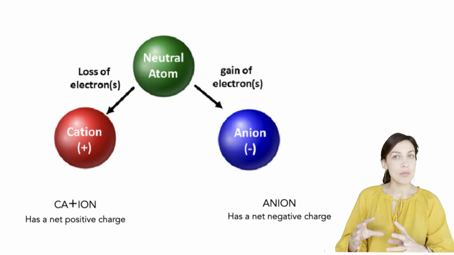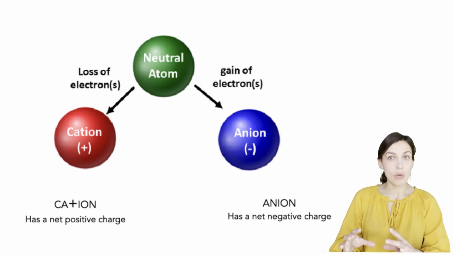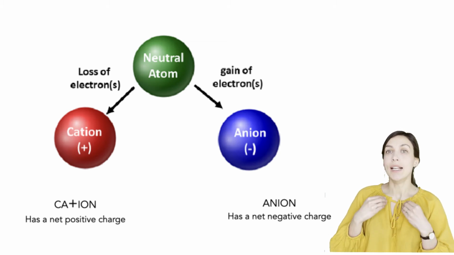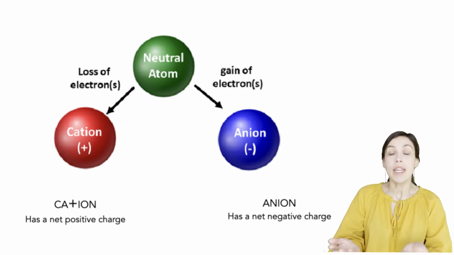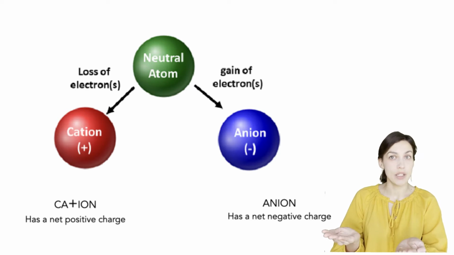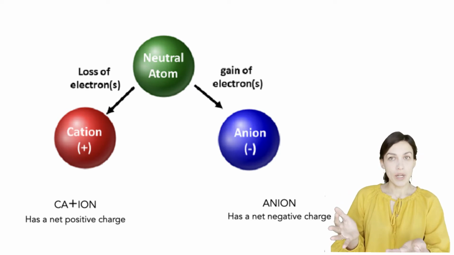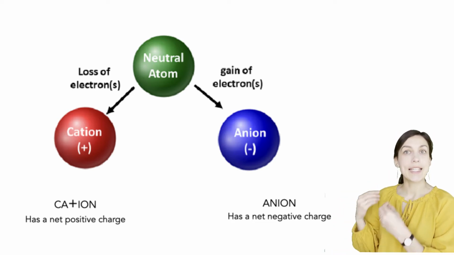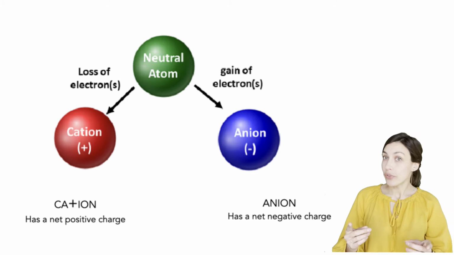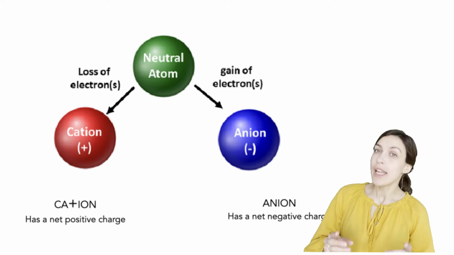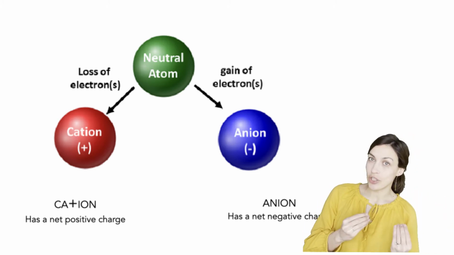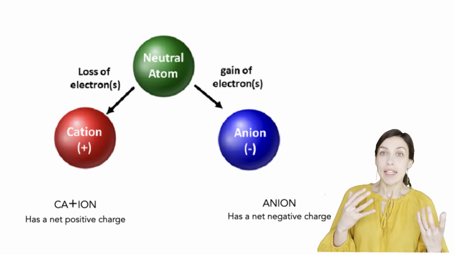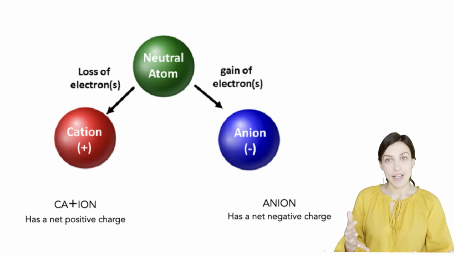But if that atom, which was neutral to begin with, has lost electrons, it now has less negative charge in comparison to the positive that's in the nucleus, and therefore it has a net positive charge. Therefore, it's a cation. If an atom that was neutral has now gained electrons, it now has extra negative charge, so it's called an anion.